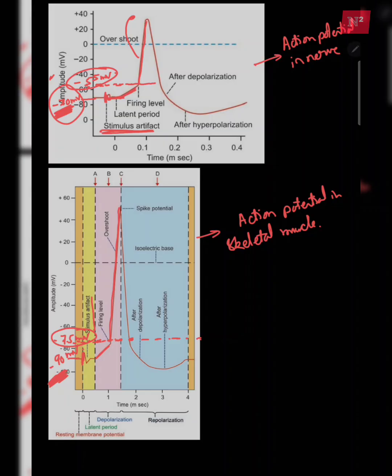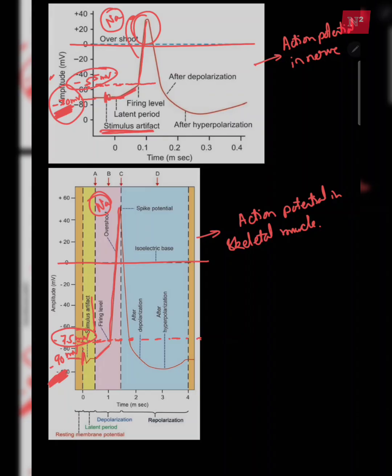Now as soon as it overshoots the 0 millivolt marking, this is called the overshooting part of the depolarization curve or the action potential. This depolarization occurs because of the opening of all the fast acting sodium channels.